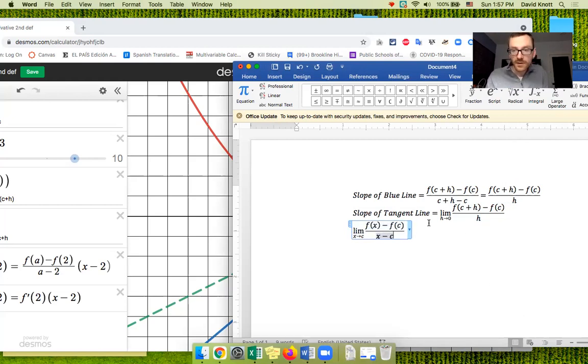Because both this formula and the formula that we derived yesterday represent the same thing, namely the slope of the tangent line, they must be equal, and they are. They give you the same thing. And so that means I've got one more algebraic expression to add to my list of things that all mean the same thing.